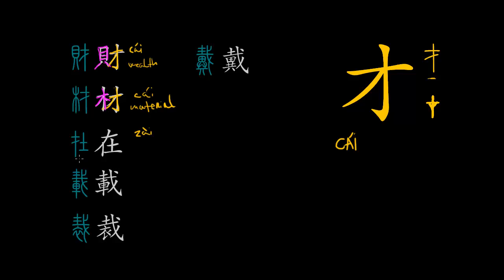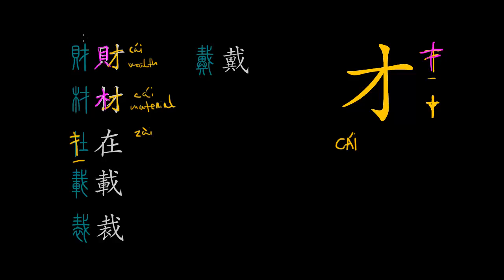But if you look at the seal script version of the character, you can clearly see this element over here on the left side. And it's the same way of writing the title phonetic element, cai, in the seal script. So that's the script that I told you is very important in understanding character etymology.